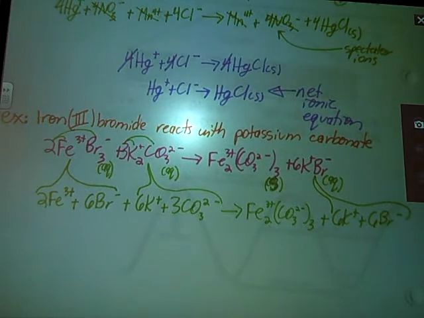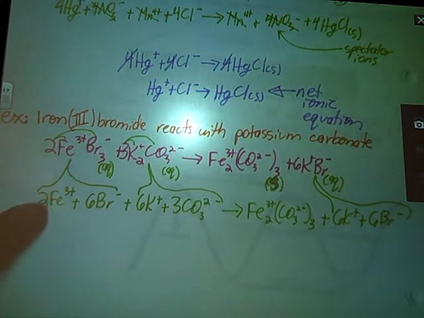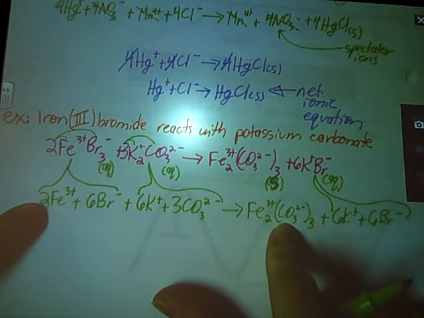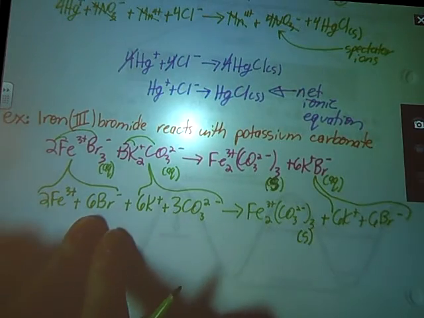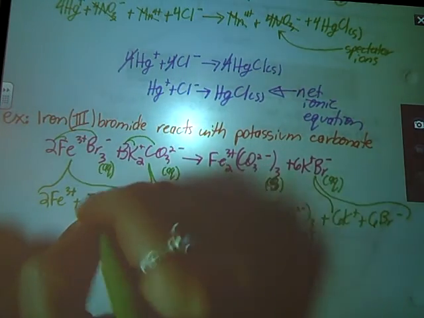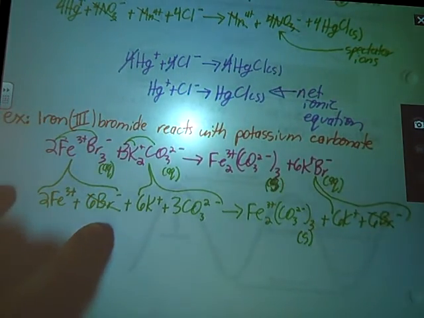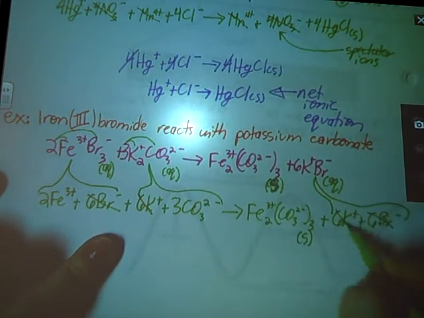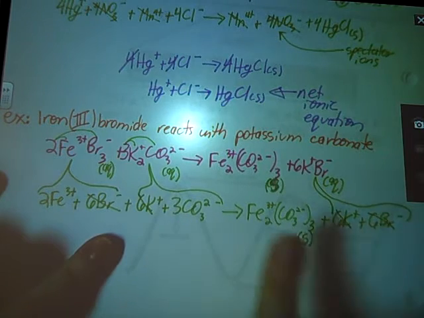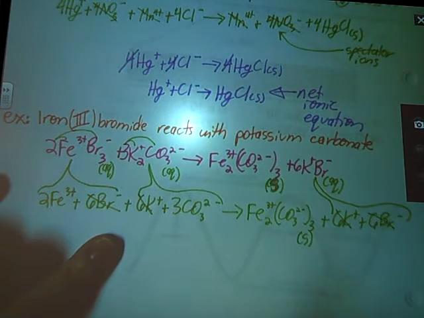Cross out what does not change. Iron ion, iron solid. Different. Forgot my S. Br ion, Br ion. Does not change. Spectator. 6K plus, 6K plus. Spectator. Ion, solid. Changes.